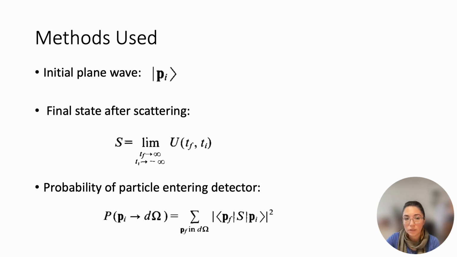And so the probability of the particle entering the detector in the direction theta phi with opening angle d omega is the probability that the final momentum p_f lies in a cone of opening angle d omega.